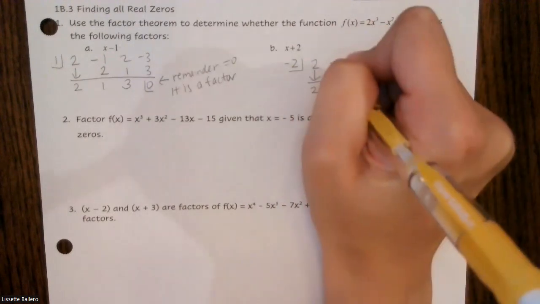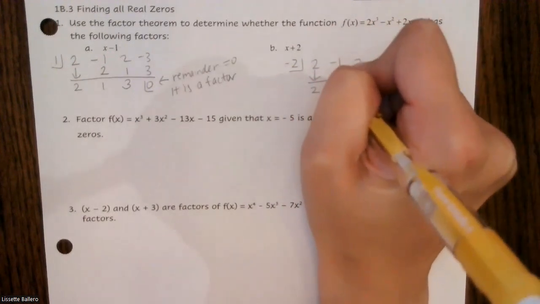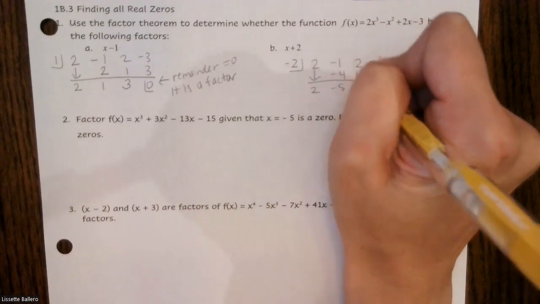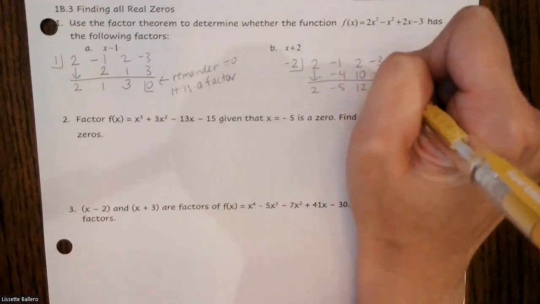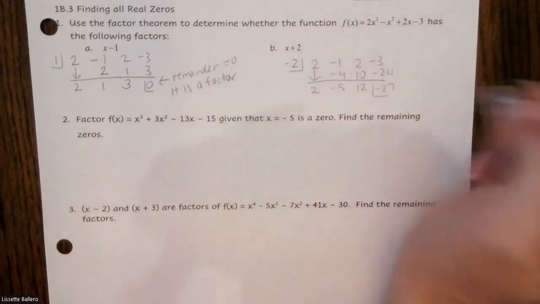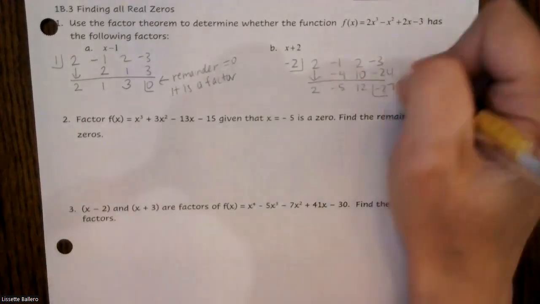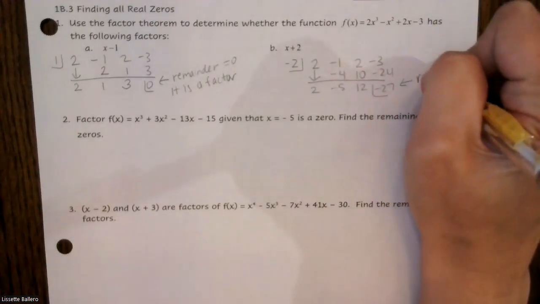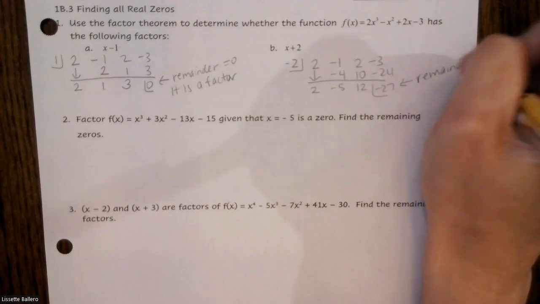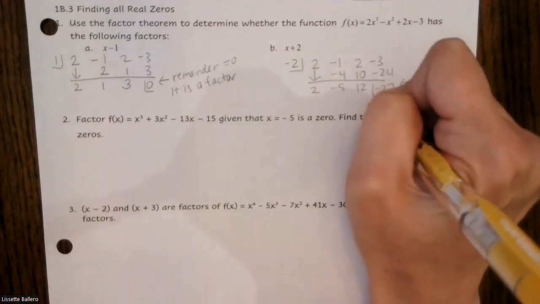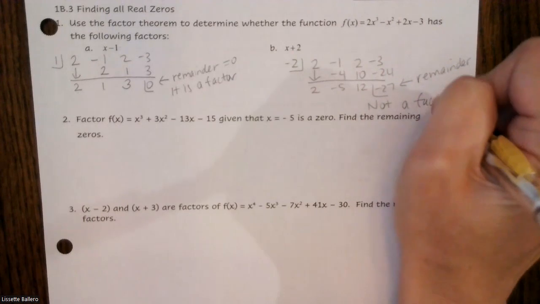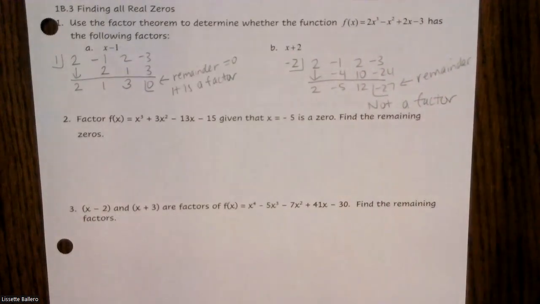I drop my first one, I multiply, add, multiply, add, multiply, add. In this case, we have a remainder of -27. That tells me that this is not a factor. And so -2 would not be our root for this polynomial.